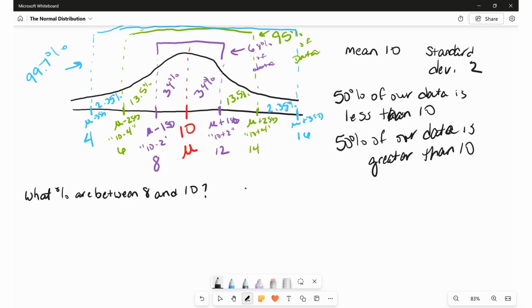Okay. Well, we've already worked this out when we built our normal distribution. So we can confidently say that 34% of our data are between 8 and 10.